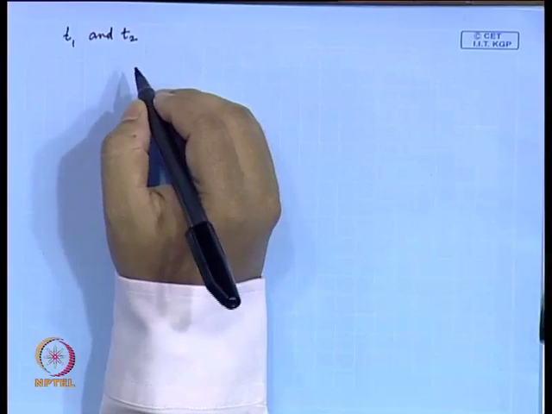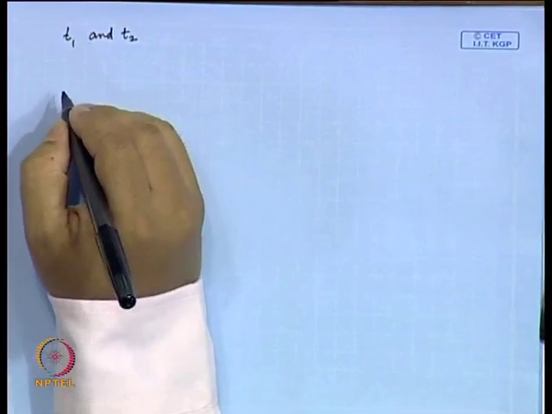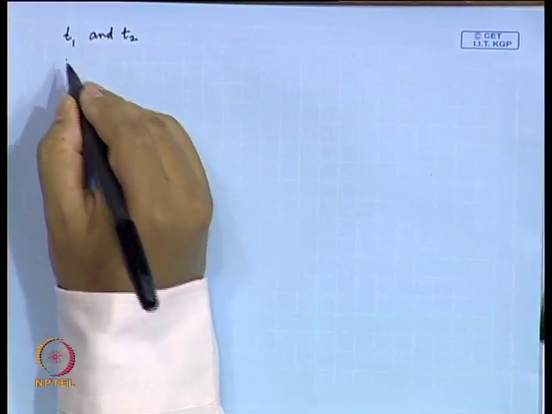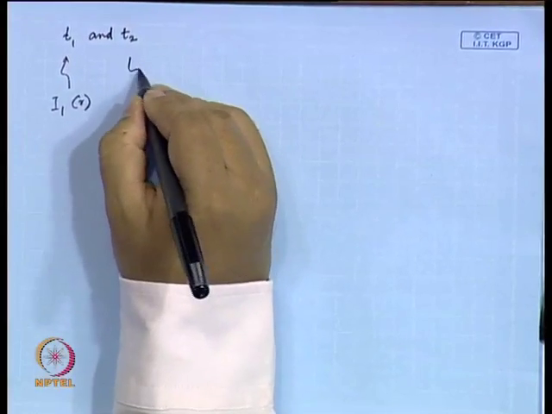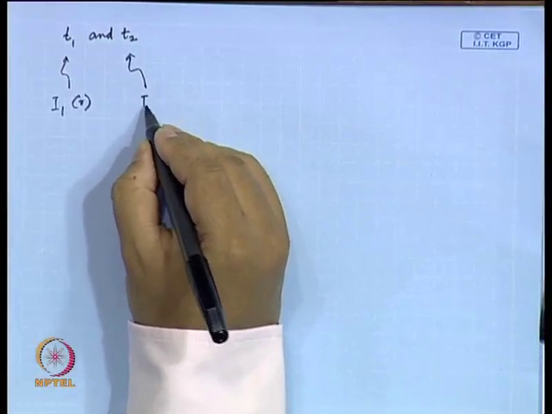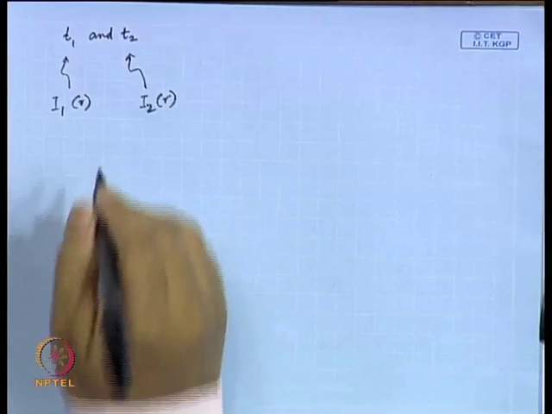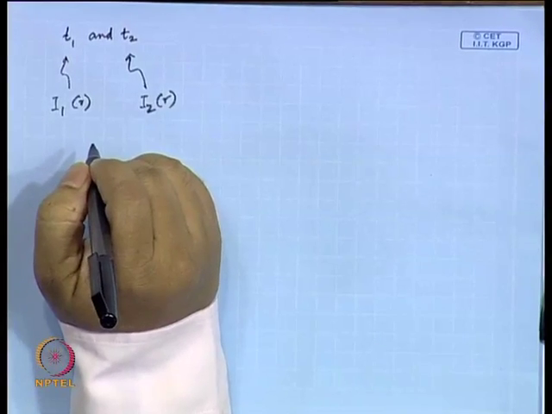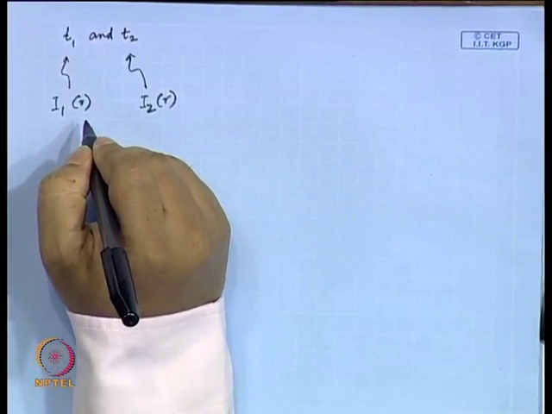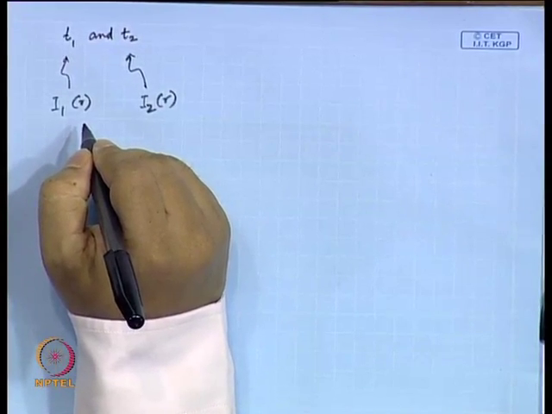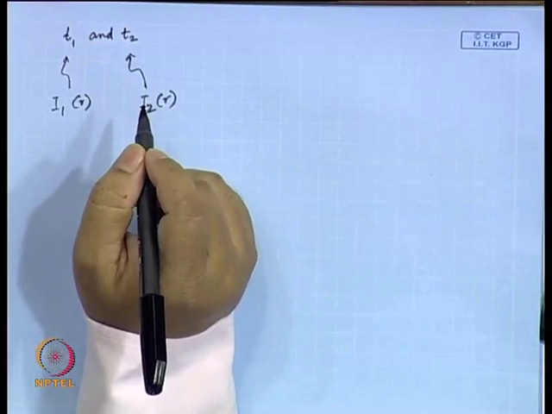The corresponding light intensities in the CCD camera are I1(r) and I2(r), where r is a particular position. So, I1(r) is the light intensity at a particular position at time t1, and I2(r) is the light intensity at time t2 for that same position.